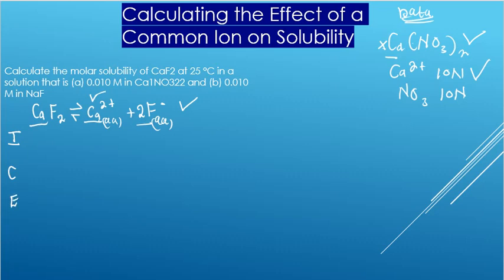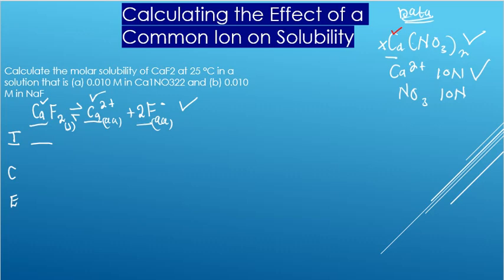Now, of course, we know that this one is solid, so we say now at initial state, what was the concentration of calcium? It's not zero. Why is it not zero? Because there's a relationship between this calcium and this calcium here and this particular calcium here.